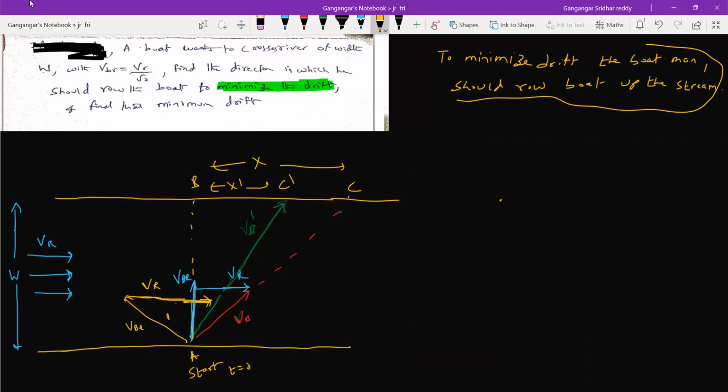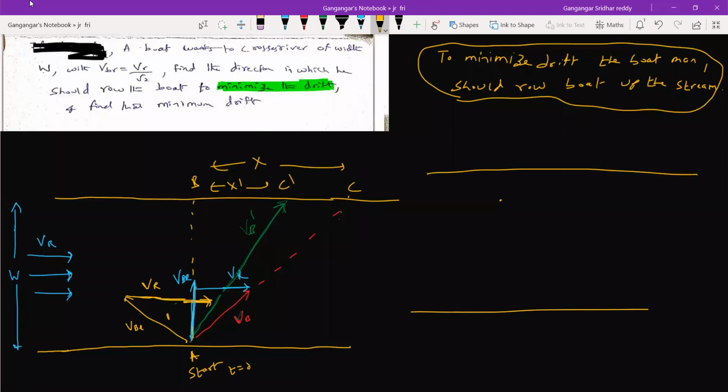That's the idea of the problem. Sir, how can you decide from the diagram? Okay, let's come to the question and try to get the answer. So let him row with VBR, the river current will push. Then this will be the velocity of the boat. This is the starting point.